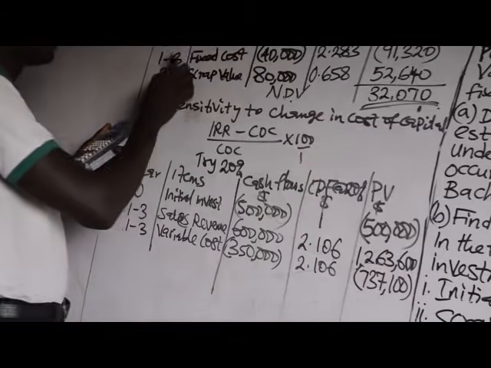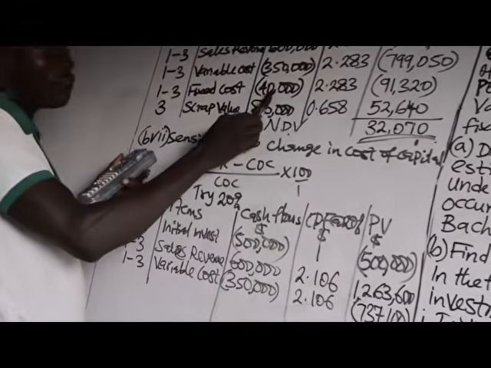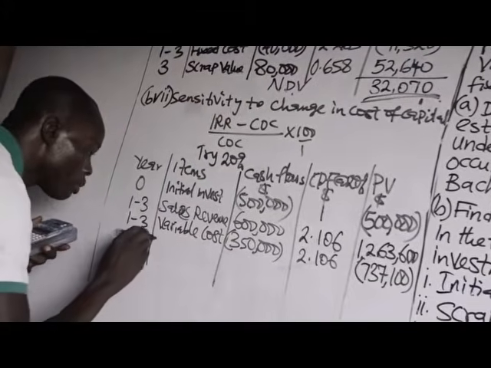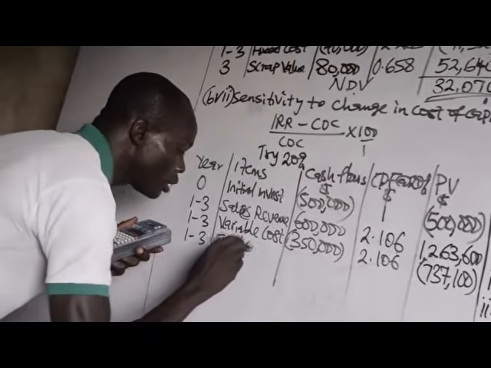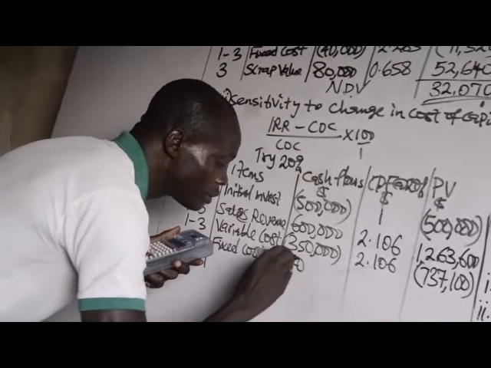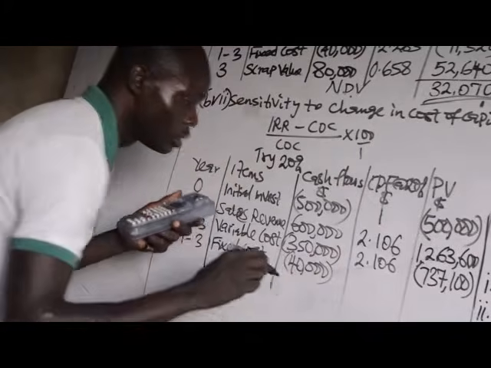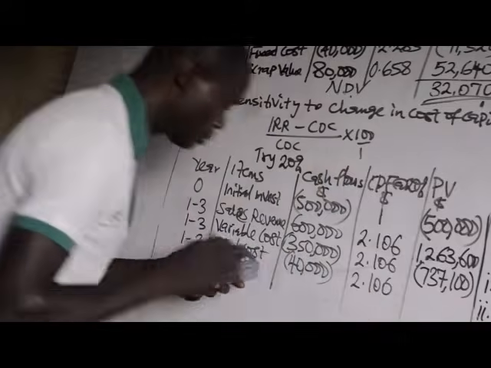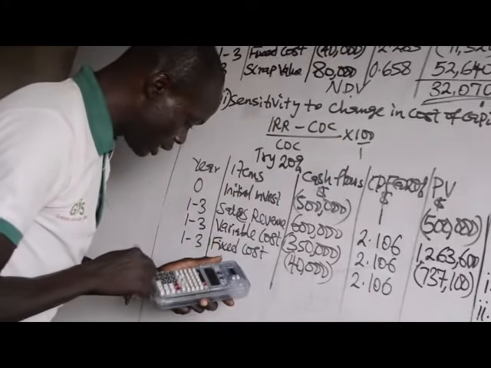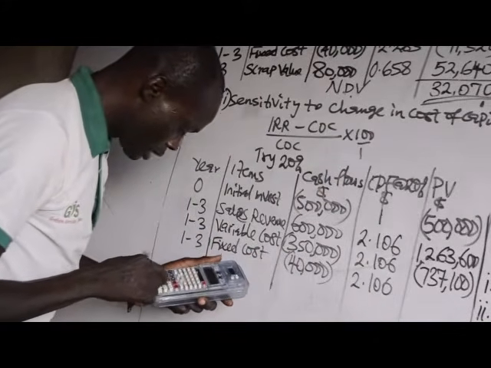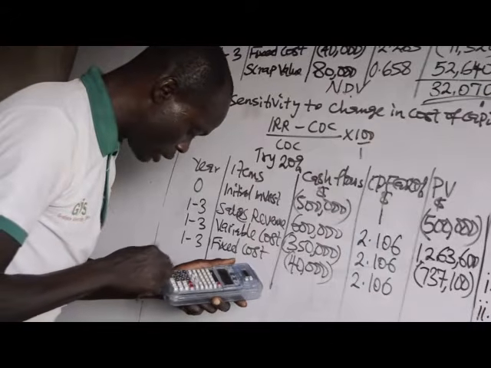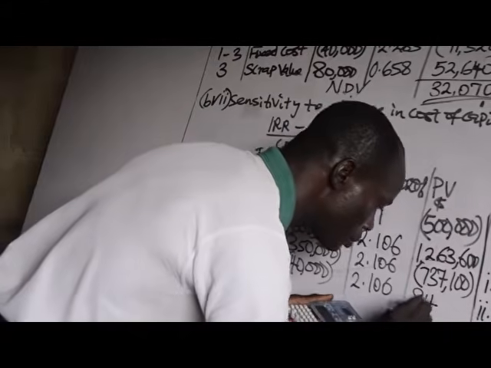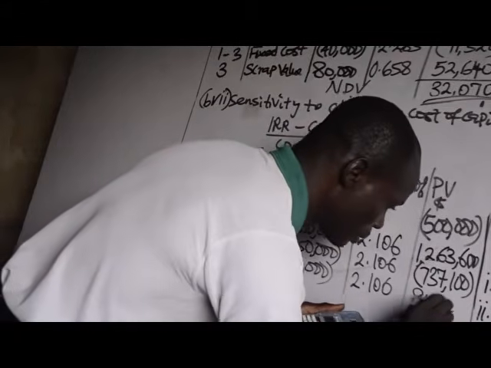The next item is fixed cost of 40,000, year 1 to 3. Cumulative discount factor 2.106. 40,000 times 2.106 gives us 84,240.